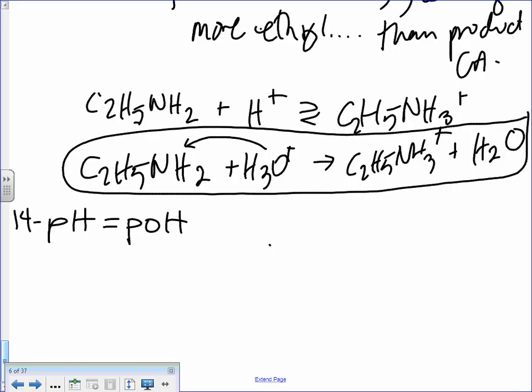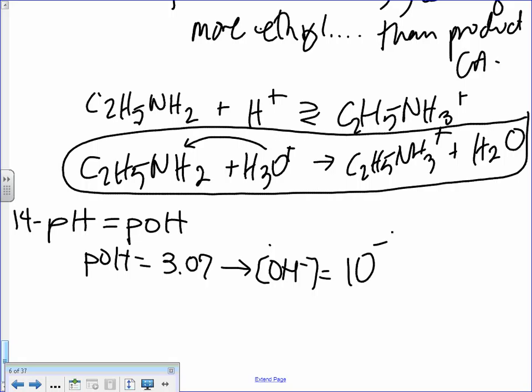So when you subtract your 10.93, you get pOH to be 3.07, and then you found your concentration of OH being 10 to the negative pOH. So set that up, 10 to the negative 3.07. These equations are on your reference sheet, of course. You do have access to that.